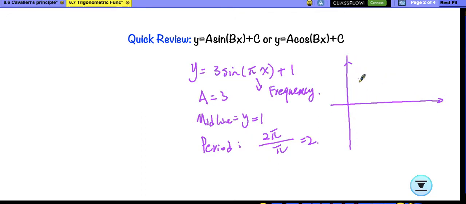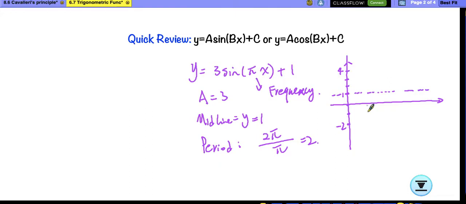First of all, let's locate the middle position here. We know the midline is 1, so the graph goes up and down around this line. We know the amplitude is 3, so we go up by 3 units and down by 3 units.